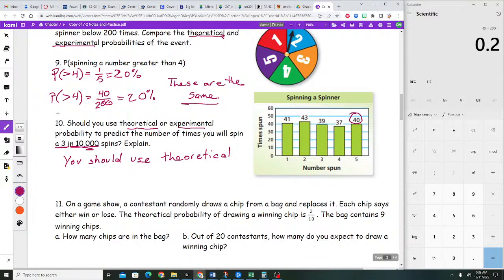So we don't have to worry about the spinner being off. And so you should use theoretical because we do not want to spin 10,000 times. That would be obnoxious.